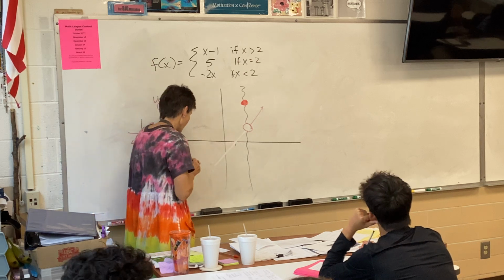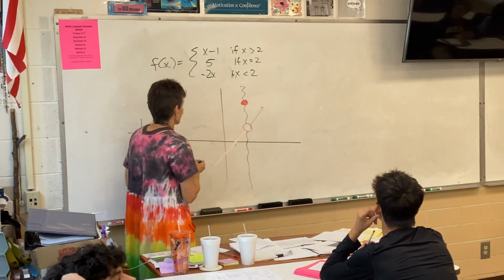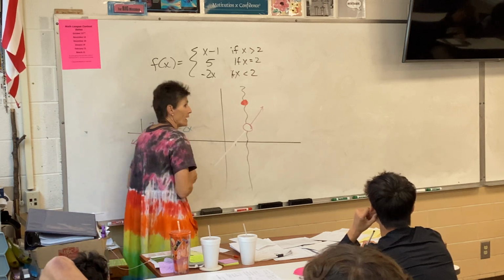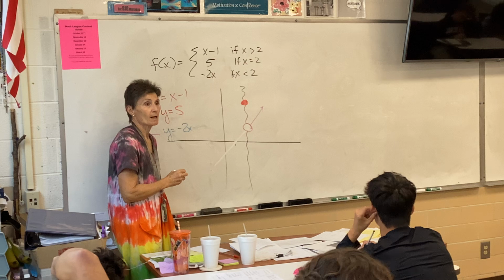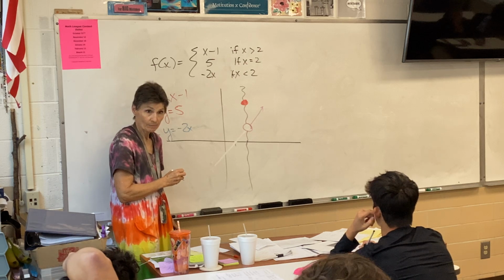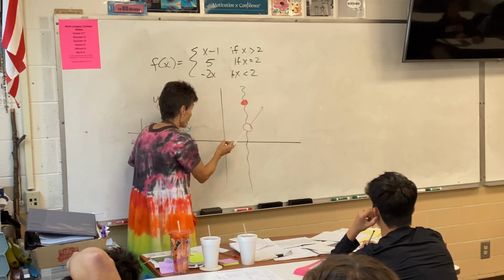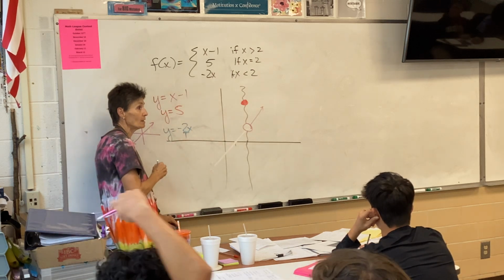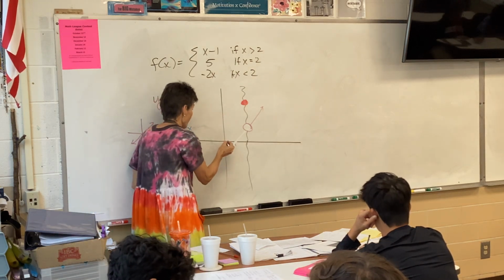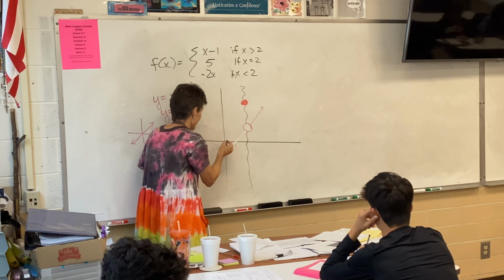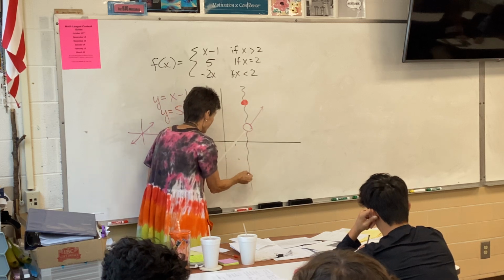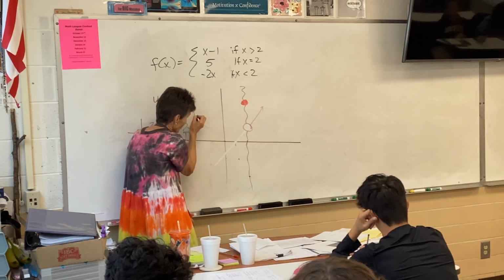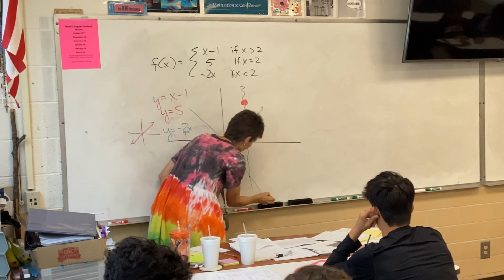And then I'm going to go back to y equals negative 2x, which is another line. It's going to go through the origin and have a slope of 2 over 1. So down 2 over 1, down 2 over 1, down 2.